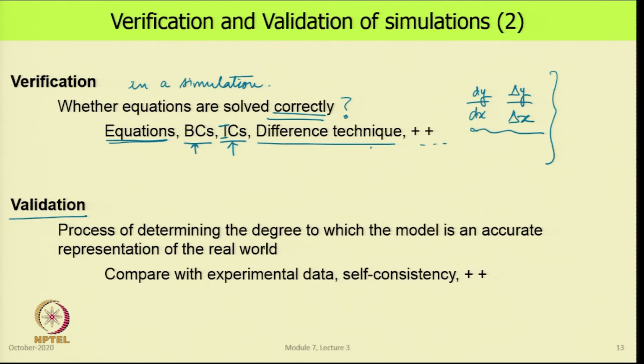So, validation is the process of determining the degree to which the model is an accurate representation of the real world. And the real world is established by the experiment, or the field data, or any other measurements.